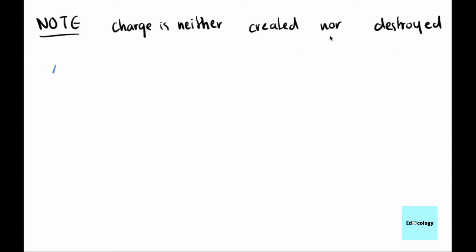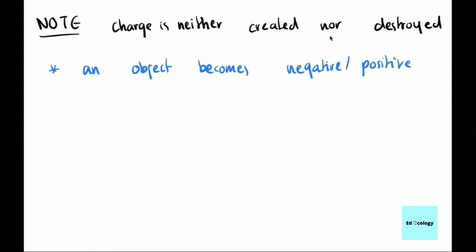An object becomes negative or positive because of the transfer of electrons.